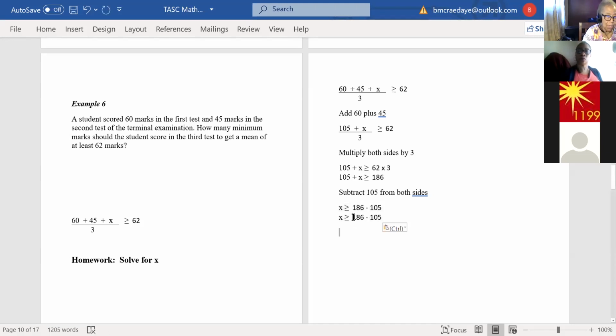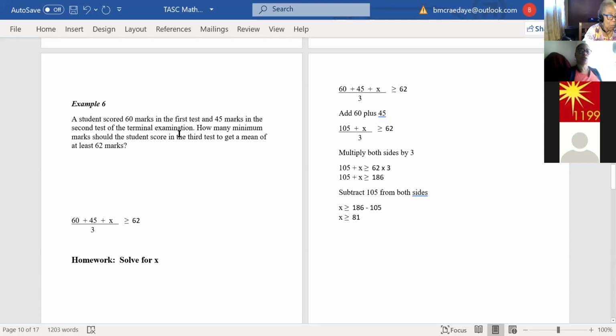So what does this mean? Say in words what that means, Maureen. That the mean would be 81? The mean is 62. What does the 81 represent? What were we looking for?